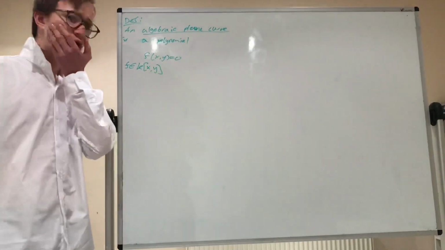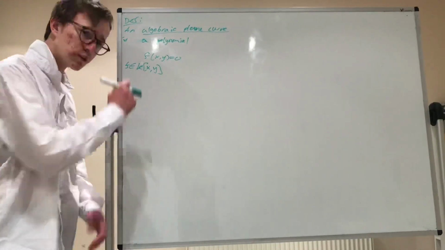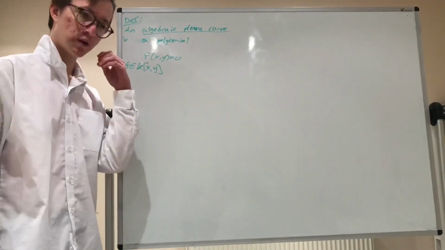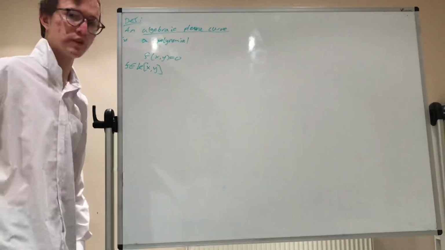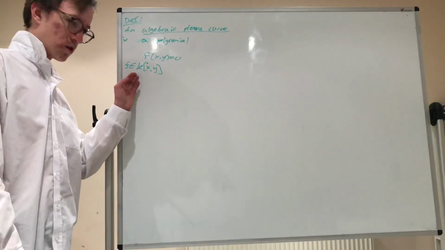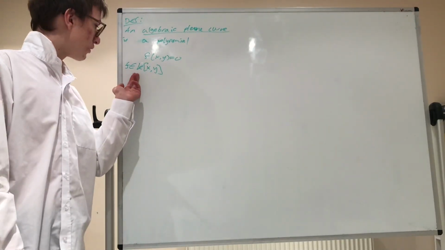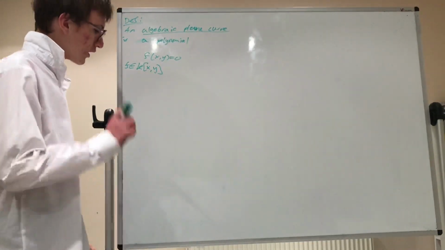But really what we're going to see soon is that k is our intuition and the notions that we want to define. For example, the degree of such a curve only really works if k is an algebraically closed field. So we'll talk about that in a second.